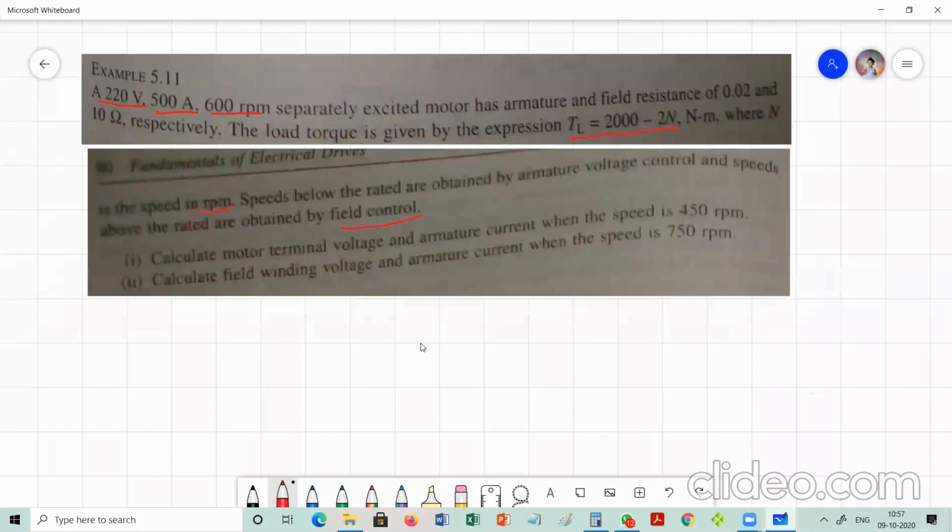Okay, now the second part. काय डाउट असतील तर विचारा.